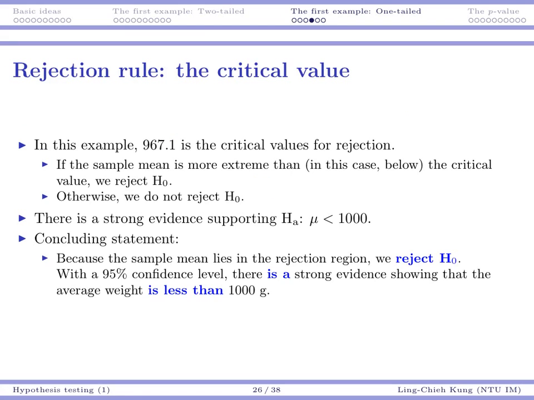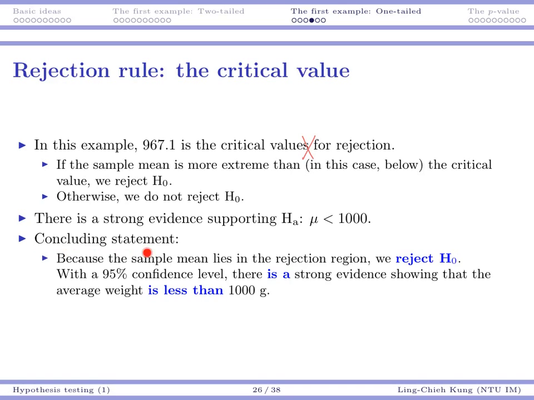In this particular example, 967.1 is the critical value for rejection. If the sample mean is more extreme than the critical value, in this case more below the critical value, we should reject H0. Otherwise, we should not. And in this example, we claim that there is strong evidence showing that mu is less than 1000.